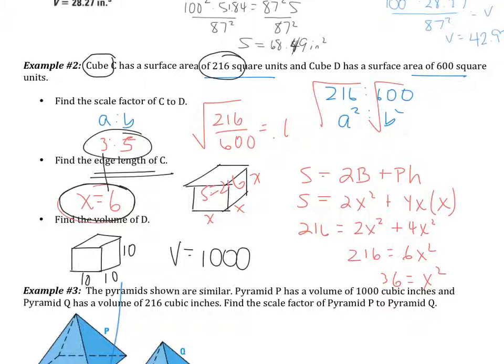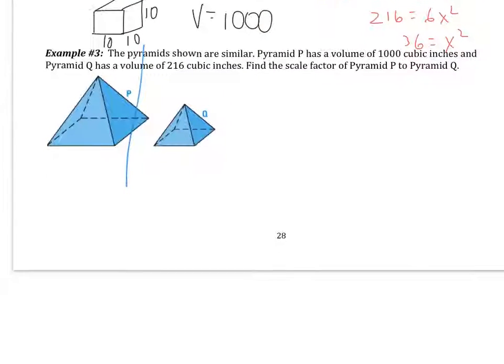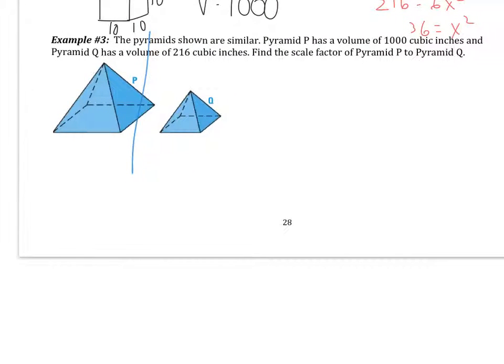All right, last one. Example number 3. The pyramids are similar, they're telling us that. Pyramid P has a volume of 1,000 cubic inches and pyramid Q has a volume of 216 cubic inches. Find the scale factor.